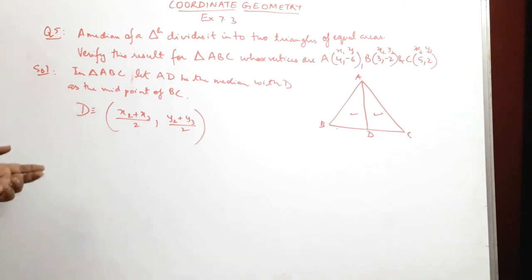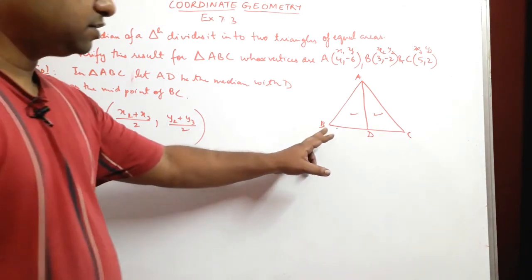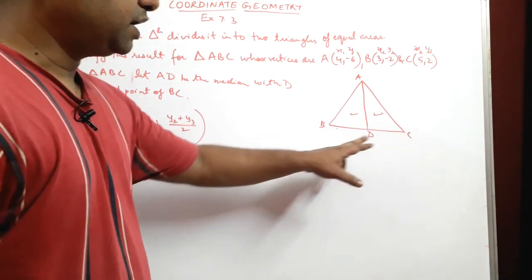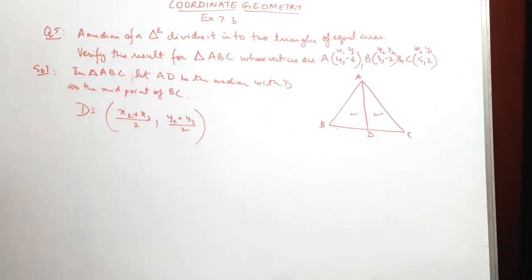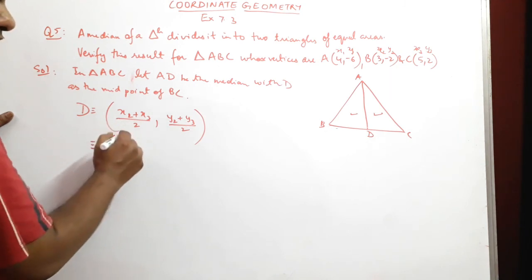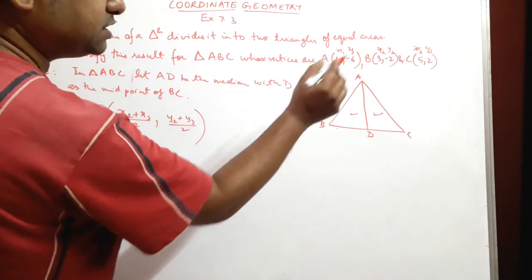Recall, we have done it previously as well. The midpoint formula is: the x coordinates are added together, whole thing upon 2, and the y coordinates of the two vertices are added together and divided by 2. So we get x2 is positive 3 and x3 is positive 5.